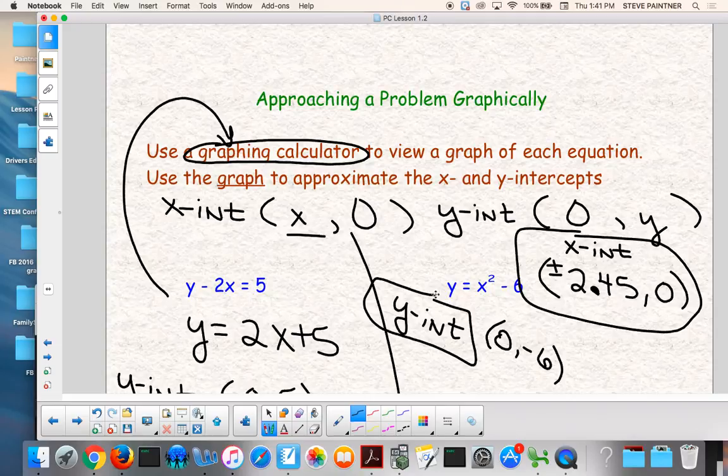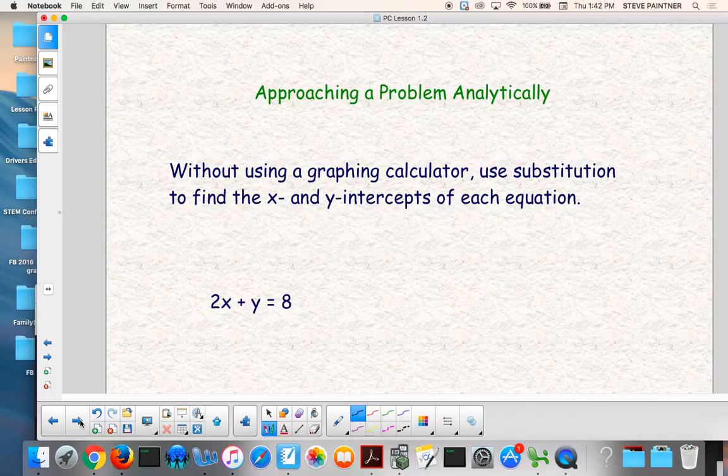But actually, to type it all in and then look at it takes time. This is you doing it by yourself, approaching a problem analytically without your what? Without you using your graphing calculator. So use substitution to find the x, y intercepts. So if you were to try go get this, let's go get the x-intercept.